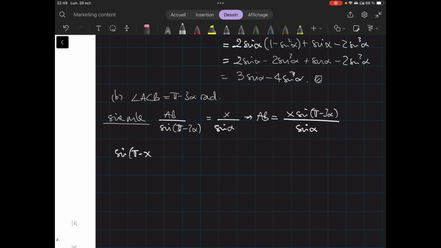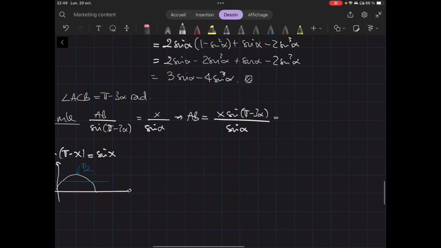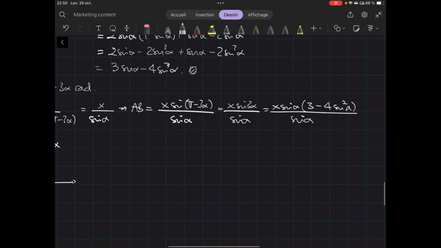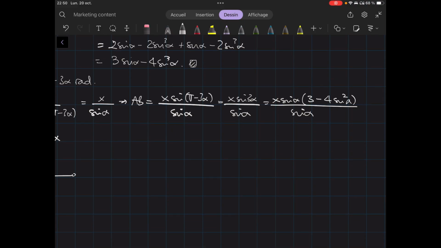Sine of pi minus x is equal to sine of x because of the symmetry of the sine curve. It is symmetrical about the line x equals pi by 2. Sine alpha cannot be equal to 0.